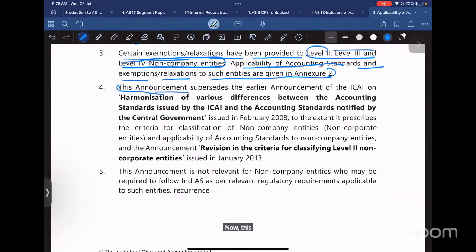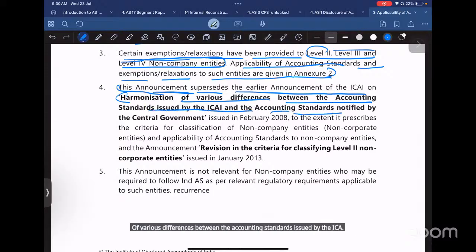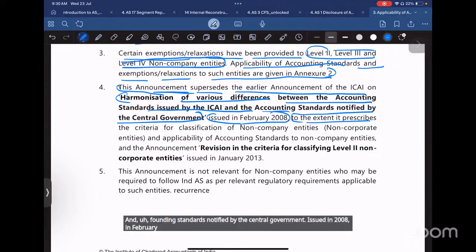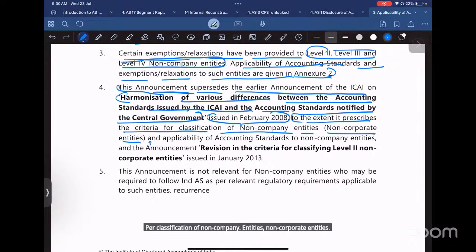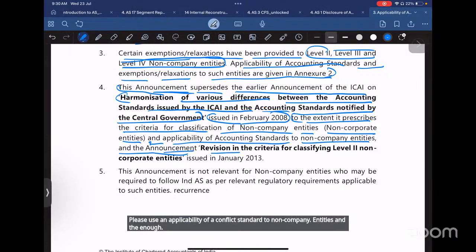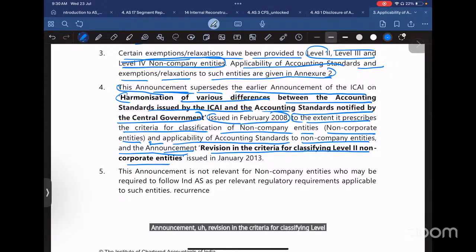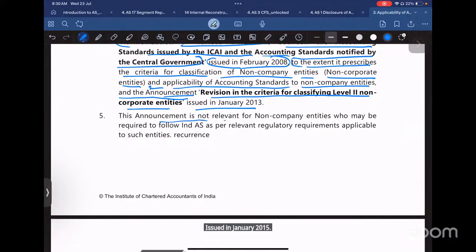This announcement supersedes the earlier announcements of the ICAI on harmonization of differences between the accounting standards issued by the ICAI and those notified by the central government in February 2008, to the extent they prescribed the criteria for classification of non-company entities and applicability of accounting standards, and the announcement on revision in the criteria for classifying Level 2 non-corporate entities issued in January 2013. This announcement is not relevant for non-company entities who are required to follow Ind AS as per the relevant regulatory requirements applicable to such entities.